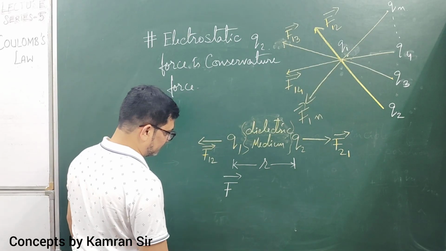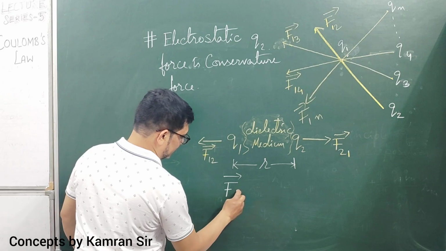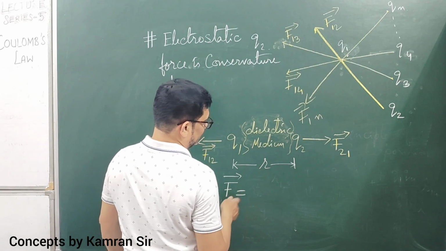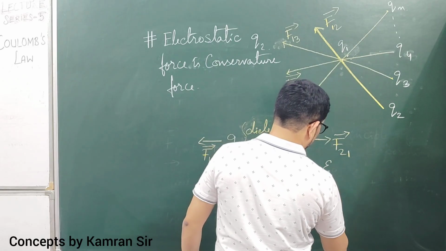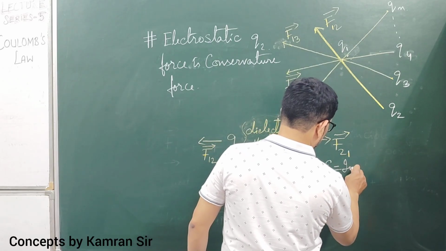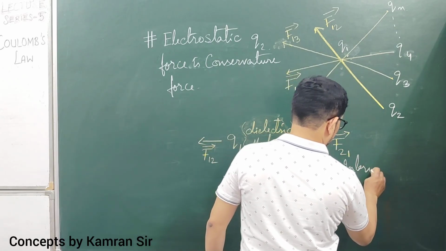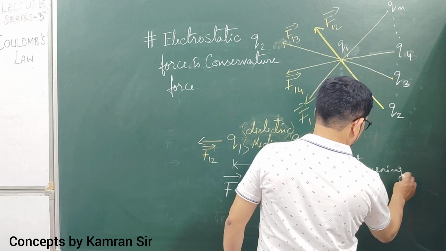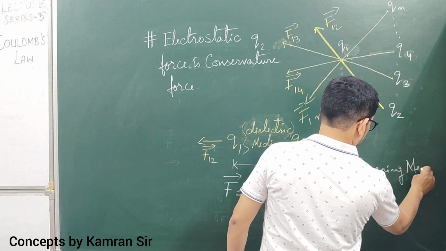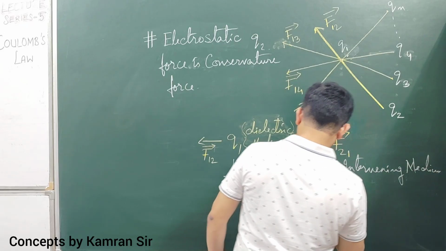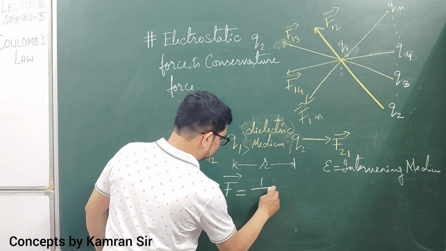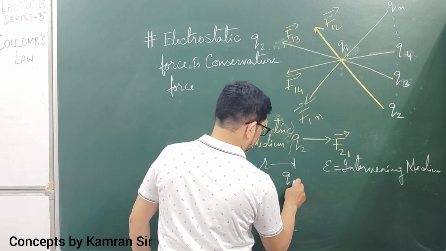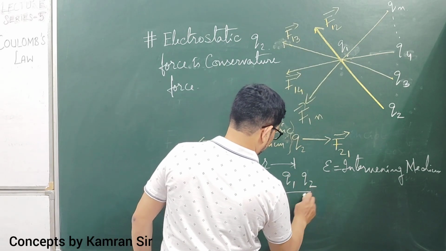It would be repulsive, but here we are going to understand a very important concept. If we consider the permittivity of this intervening medium to be epsilon, then the force that exists would be 1 over 4 pi epsilon, q1 q2 over r squared.